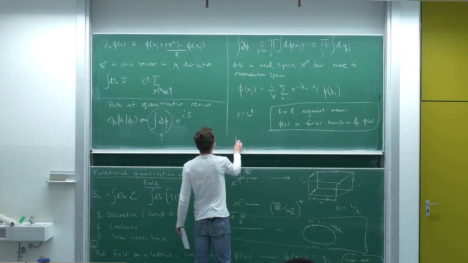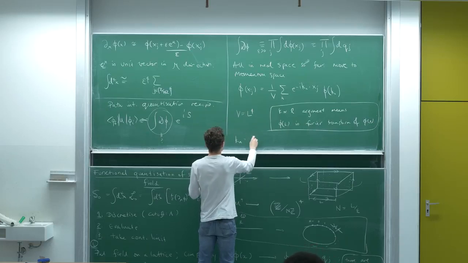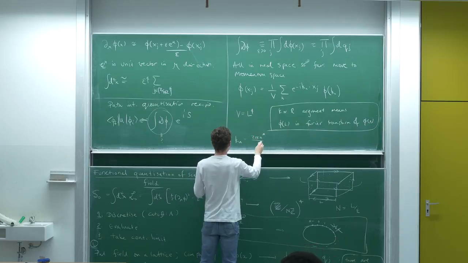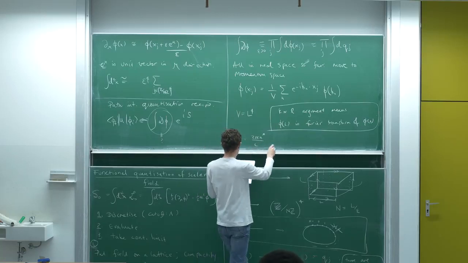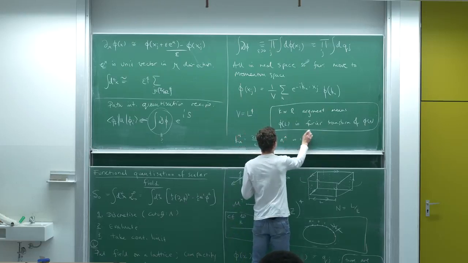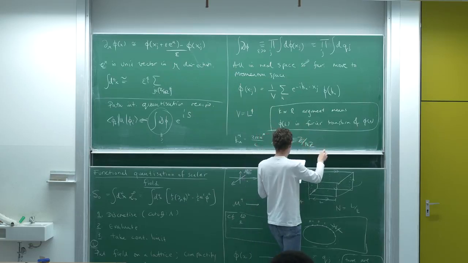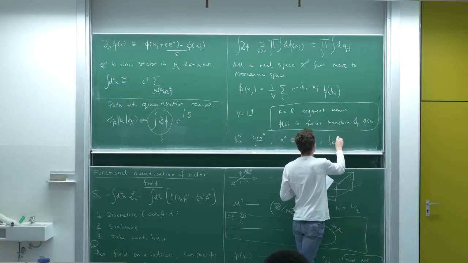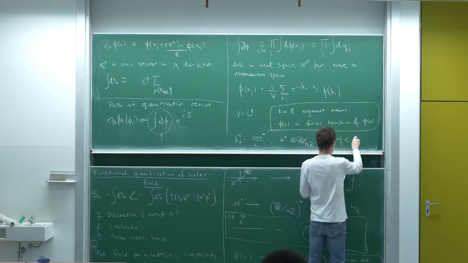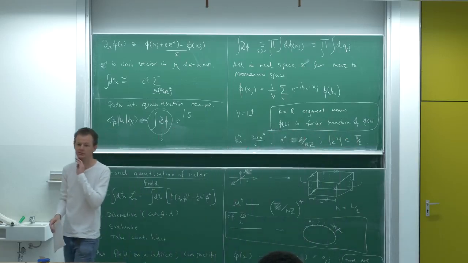And this k of n, what is it? Well, it's just some 4 vector, and n of mu is an integer in our box, and this momentum variable is bounded between minus pi and pi.